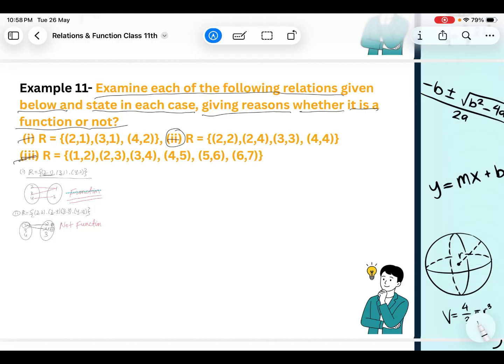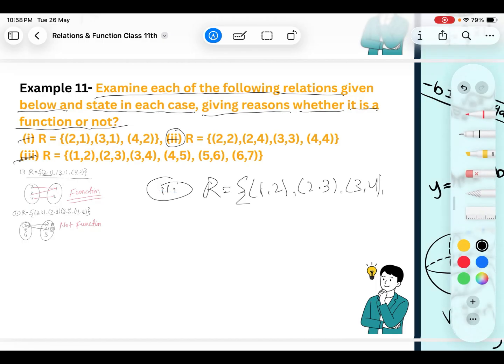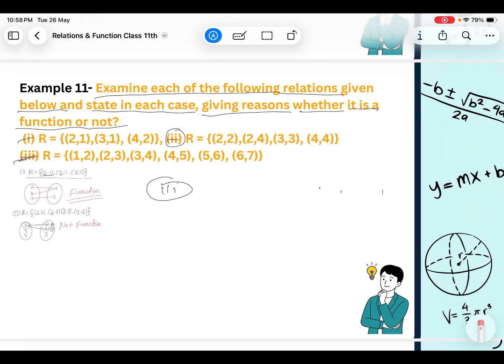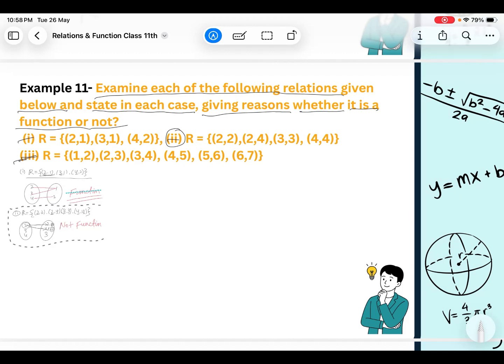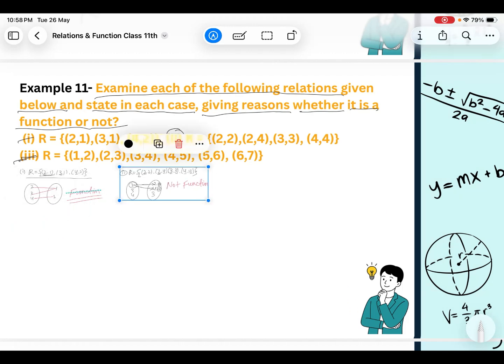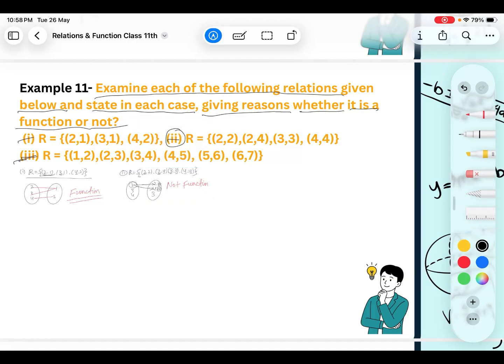Let's judge the third candidate. The third one is R equals {(1,2), (2,3), (3,4)}. Oh my god, this is long. Let me remove this and keep it here so we can get a full width to write this.